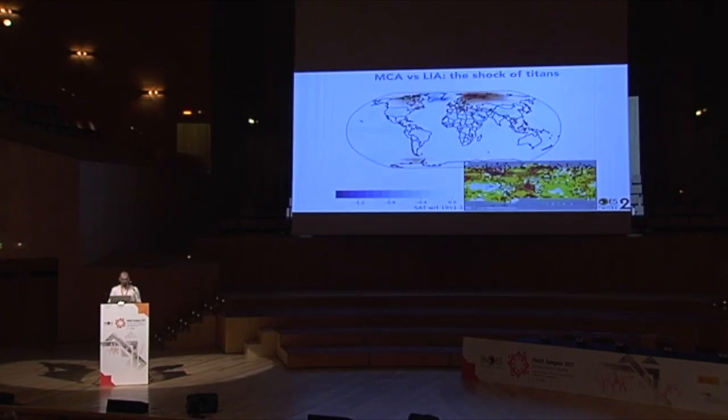Okay, if you look at the difference between the medieval climate anomaly and the Little Ice Age, not the shock of titans, perhaps the shock of midgets, you get a pattern like this, which, as you see, is looking fairly different from Mann et al. 2009, which has become the canon by which every single climate model is evaluated.